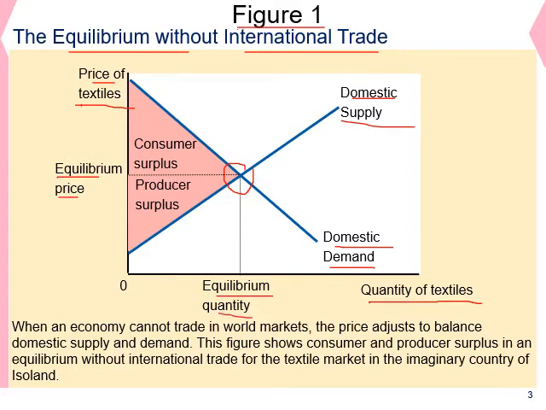If you look at the total benefit for the production of textiles, it would be the consumer surplus, which is all this area, and the producer surplus, which is all that area. You recall that consumer surplus is the area below the demand curve and above the market price.